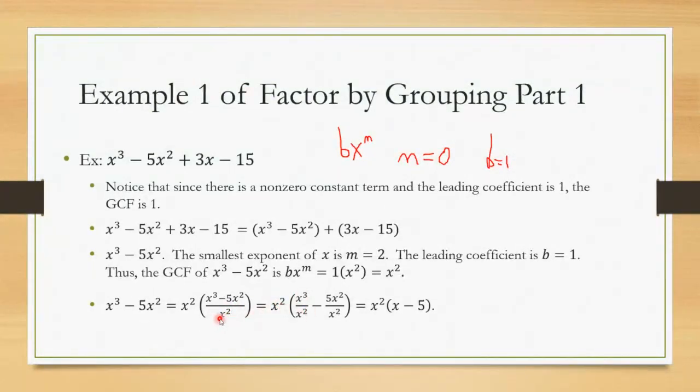When you divide into each term. From the first quotient, we just get x. From the second one, we get 5x squared over x squared, which is 5. Right? From here, again, we subtract exponents. From here, the x squares cancel, and we're left with this.